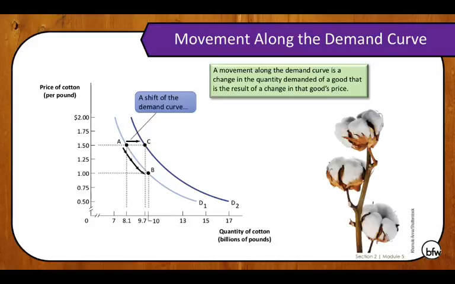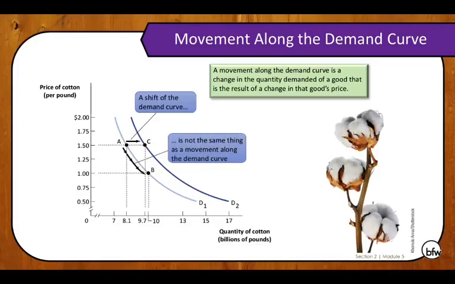But we have an increase in demand. Why? Something else, one of those other factors, caused us to buy more cotton despite the fact that the price remained the same. So this is what we call a change in demand, not a change in quantity demanded. And it's caused by a shift of the demand curve rather than movement along the demand curve. Those are two different things caused by two different forces.